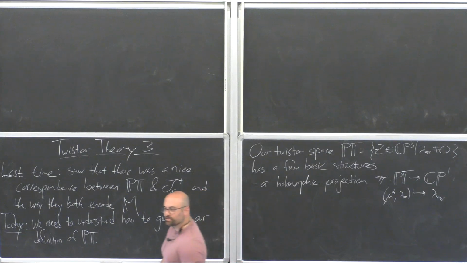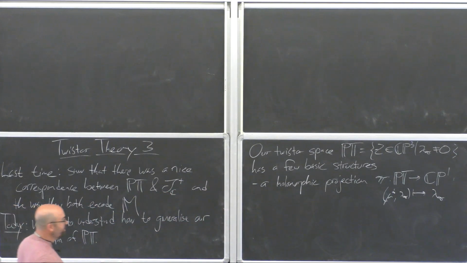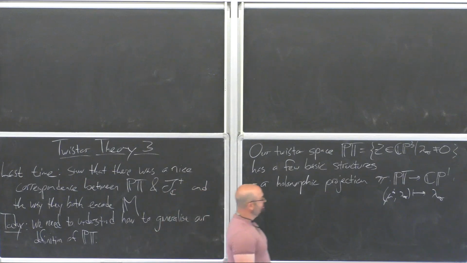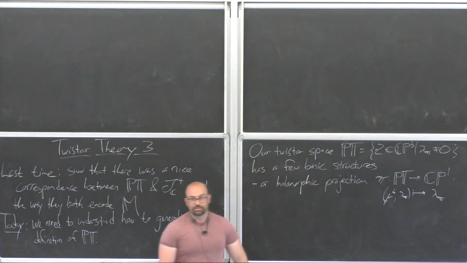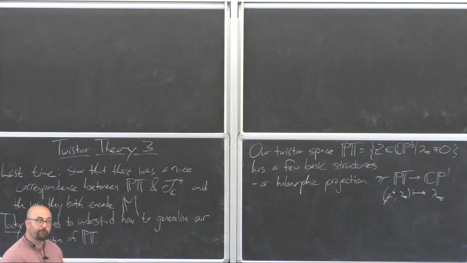It's holomorphic because no bars appear anywhere, and it's a projection to the Riemann sphere because the lambdas aren't allowed to simultaneously vanish, and they're considered up to overall projective rescalings, so they define holomorphic homogeneous coordinates on CP1.